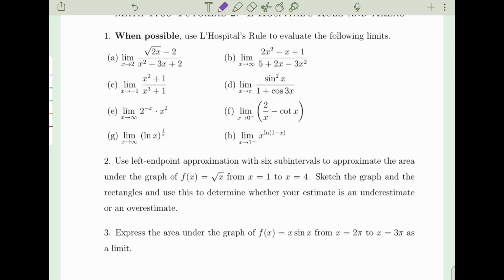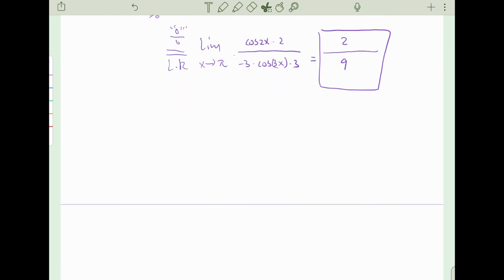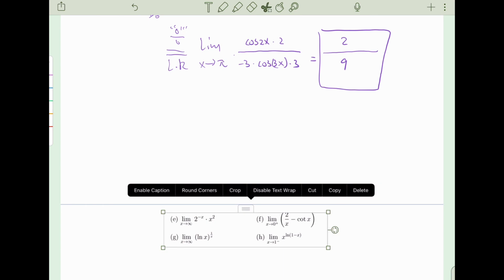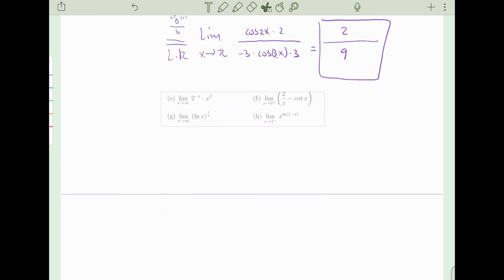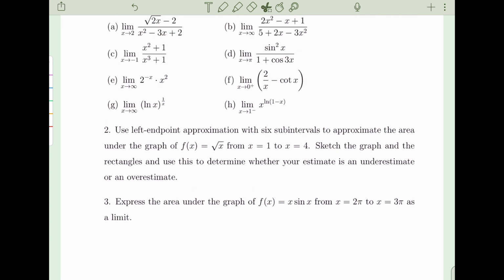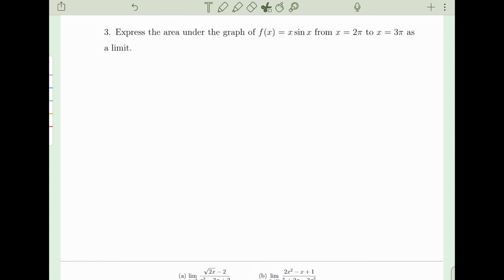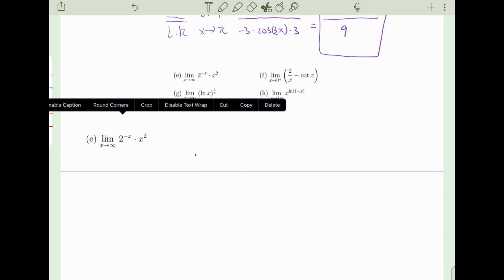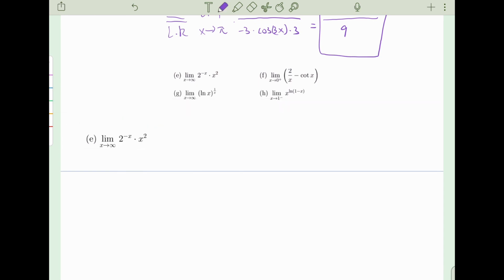Now let's take a look at the rest of the 4 questions. So there are more, I think much more difficult. So first, this question E. So this question E, we will need to rewrite it as a fraction because we want to use the L'Hopital rule.